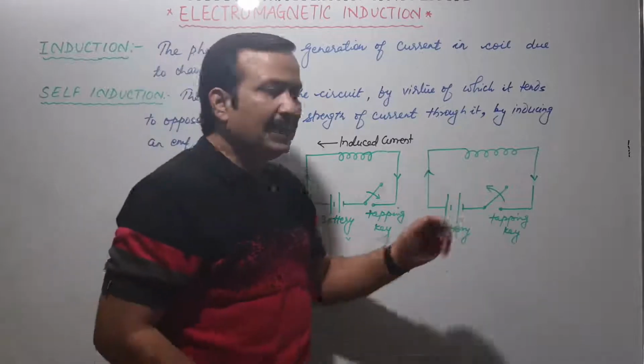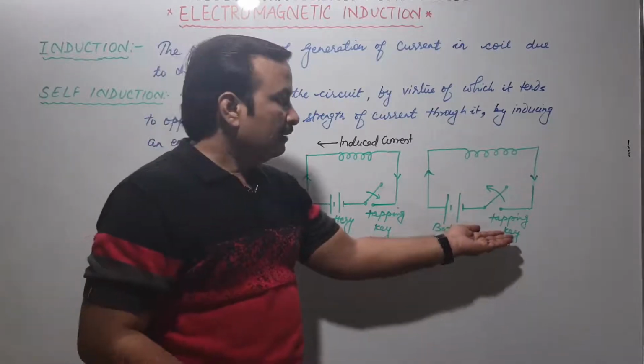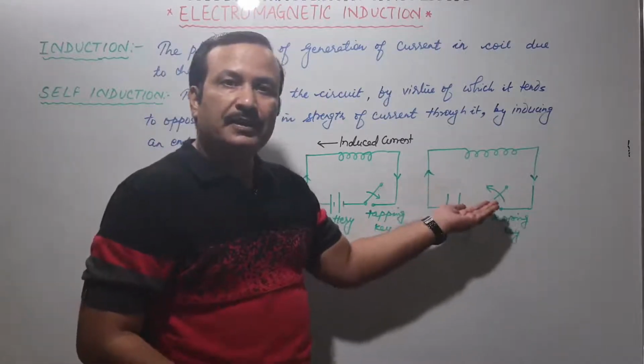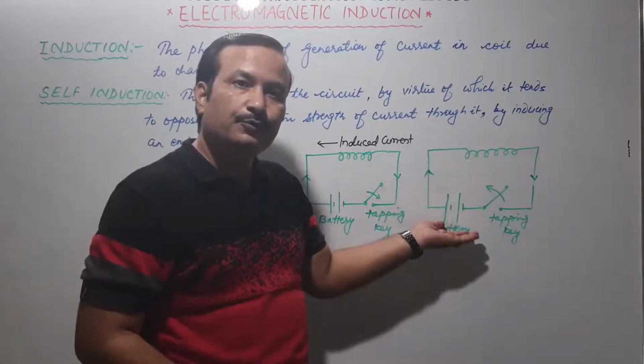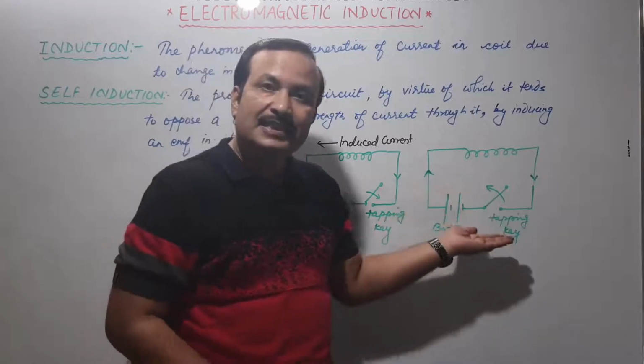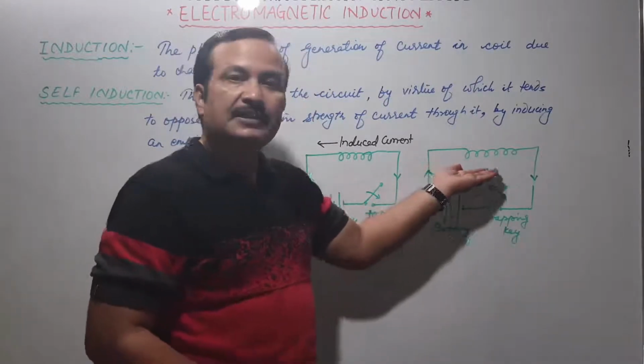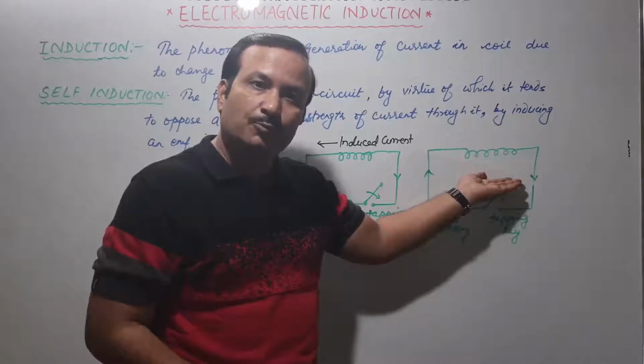Now, in the second diagram, if you see, we are opening this key, tapping key. What will happen? The current will change from maximum to minimum value, 0. When the current changes from maximum to minimum, the flux linked with the coil will change from maximum to minimum.